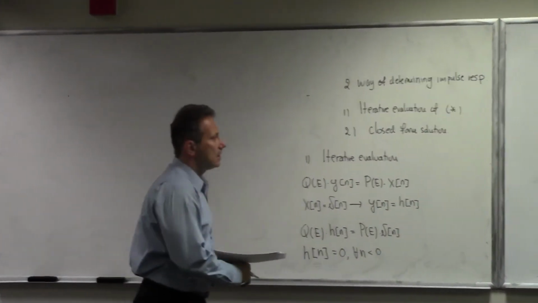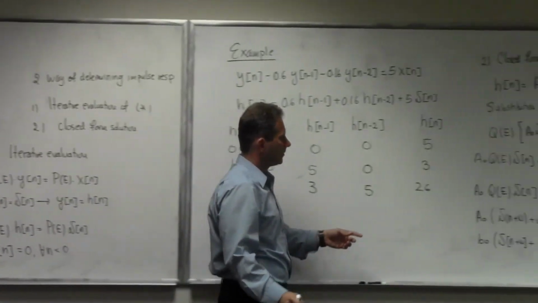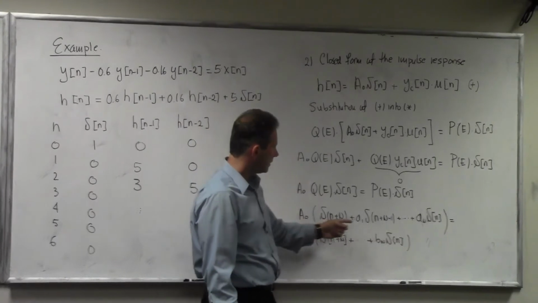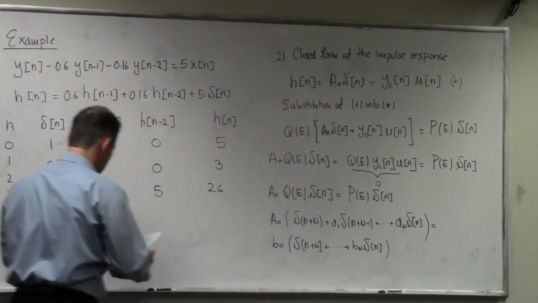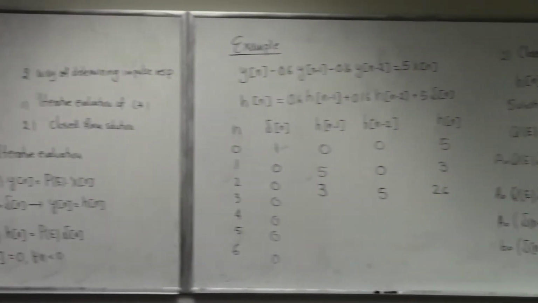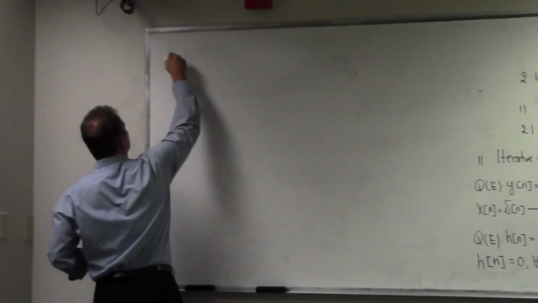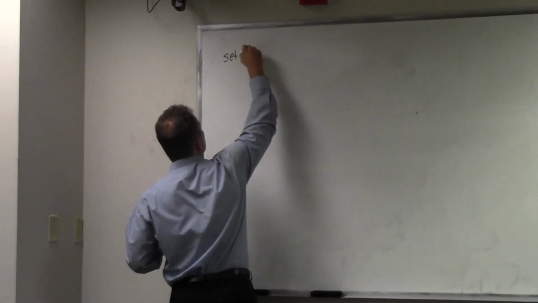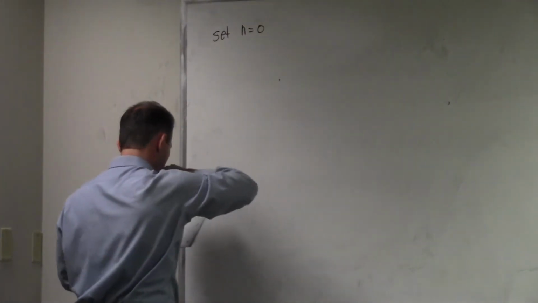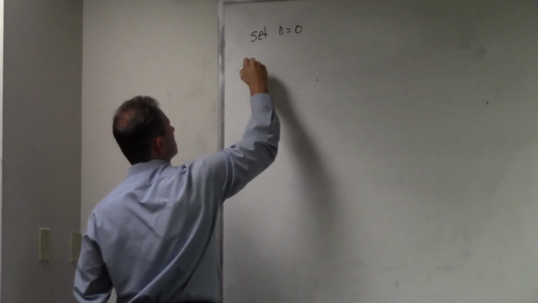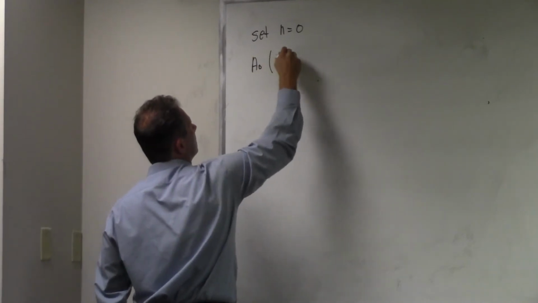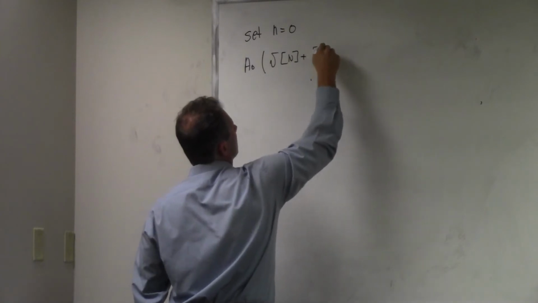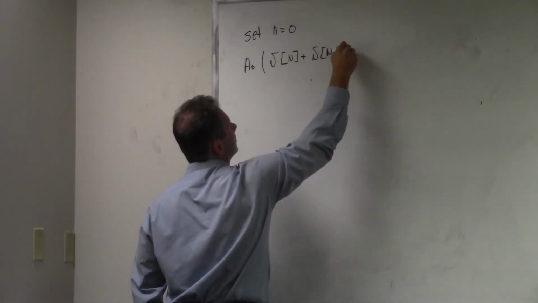So if you look at now what delta means, really the only terms that survive are, let me just write it slightly different and then we'll see. Let's set n equal to 0, gives me something like this. A0 delta of n plus delta of capital N minus 1 plus and so on.